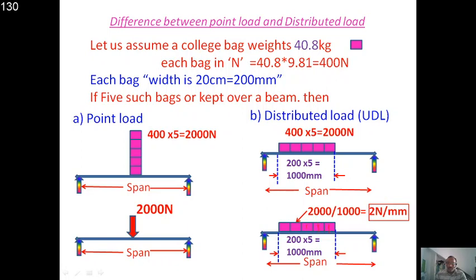Here also 2 Newton per mm, for the entire length from the starting point until this point. The intensity of the UDL is 2 Newton per mm. This will be the same here, here, wherever you look. This entire 1000 mm length will have the same intensity, 2 Newton per mm, right?